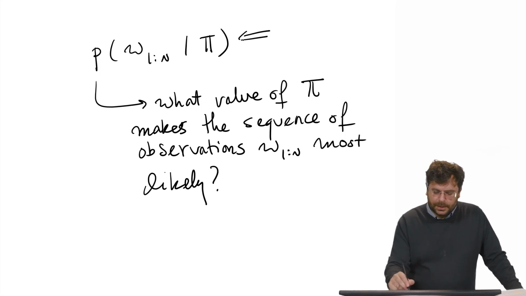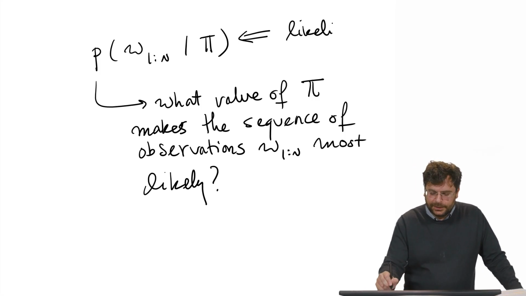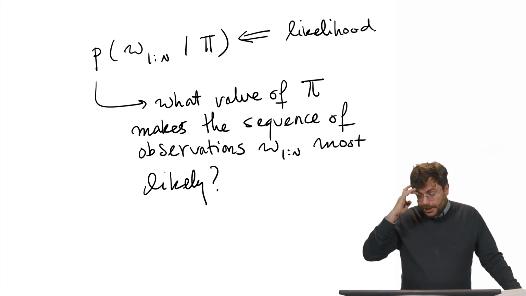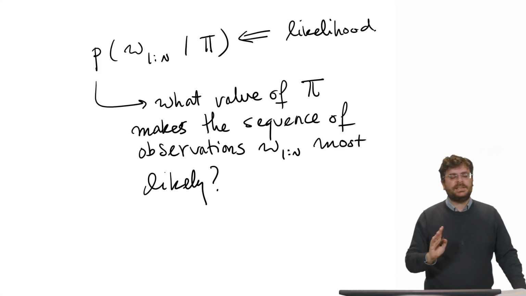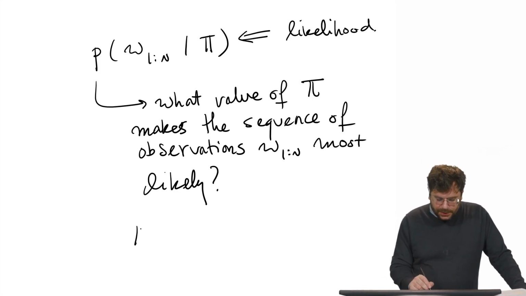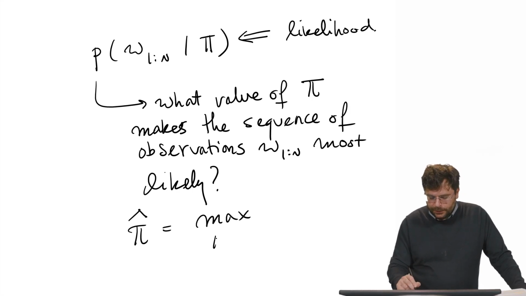Now remember, this object here is called a likelihood. It's the likelihood of the data. So what value of pi makes the sequence of observations W1 to n the most likely? I'm going to write something down here, and I'm going to explain what I'm doing in just a second.